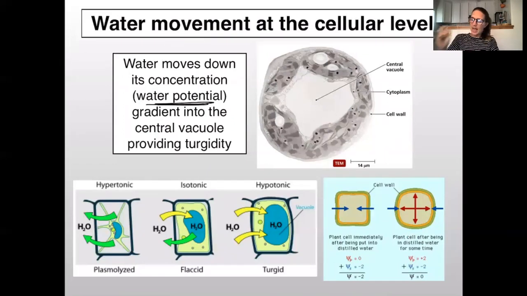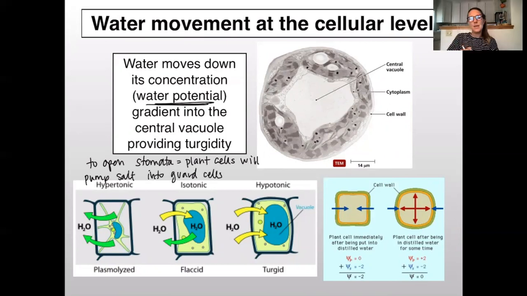And so what actually happens is that to open stomata, plant cells will pump salt into the guard cells. What that does is make that water potential more negative, and then water will flow into the guard cells, opening them.